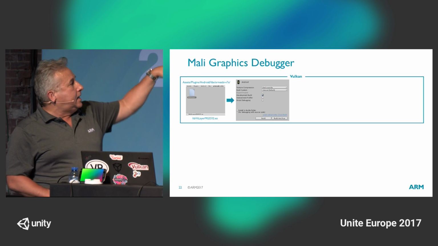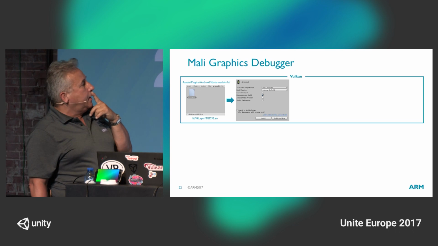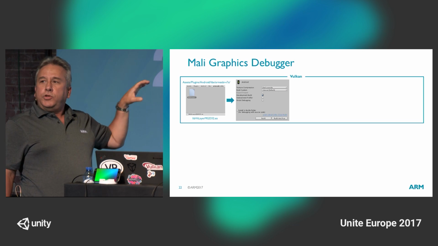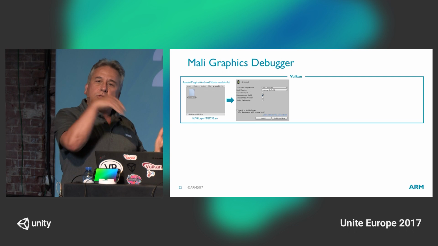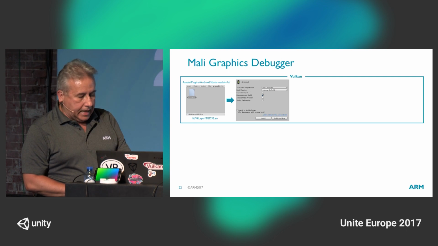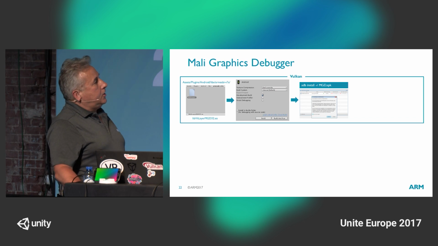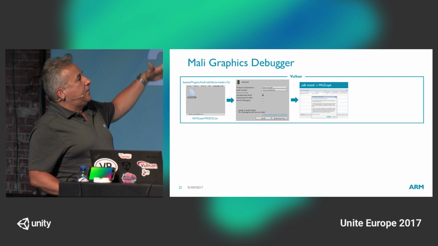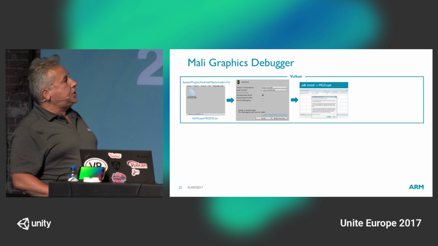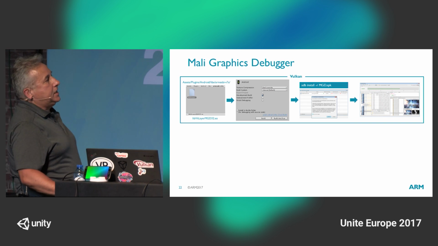You then click the development build option before building your application, because that will allow Unity to package the library automatically into your APK. So you build your game, you install the APK on the device, and then you launch the Mali Graphics Debugger desktop application, and you're ready to go. It's just 3 steps.